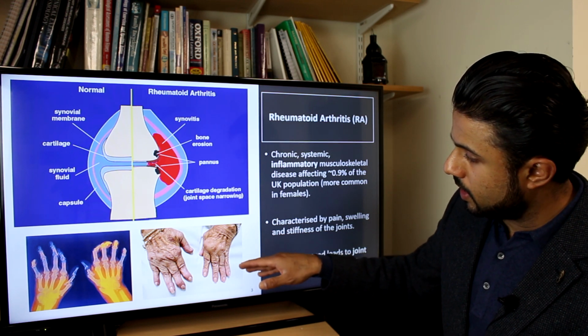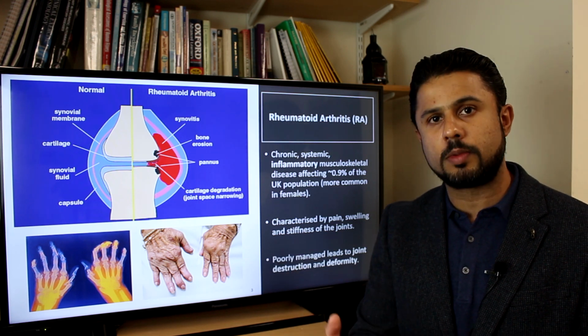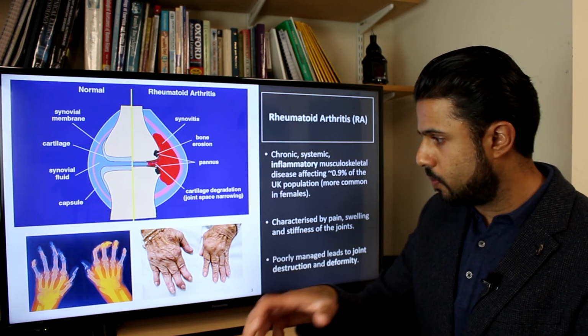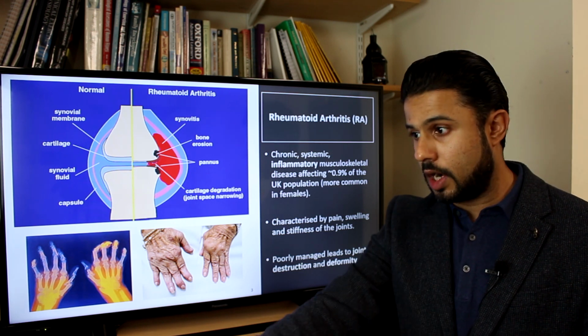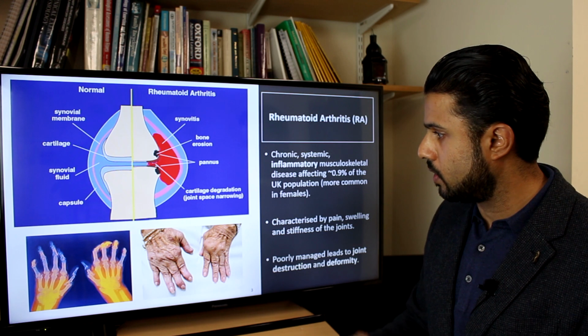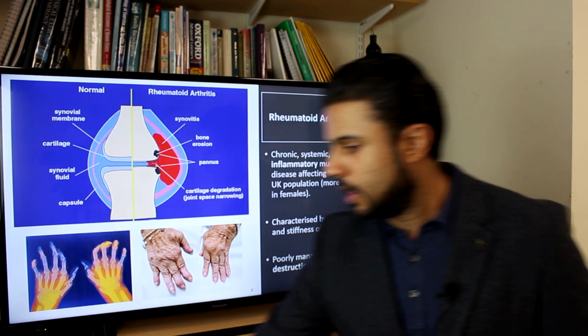Now, a hand that's deformed like this is not going to be able to carry out functional tasks like opening a jar, a bottle of milk, or a car door handle or door handles in general. So it is really going to affect that patient quite significantly.